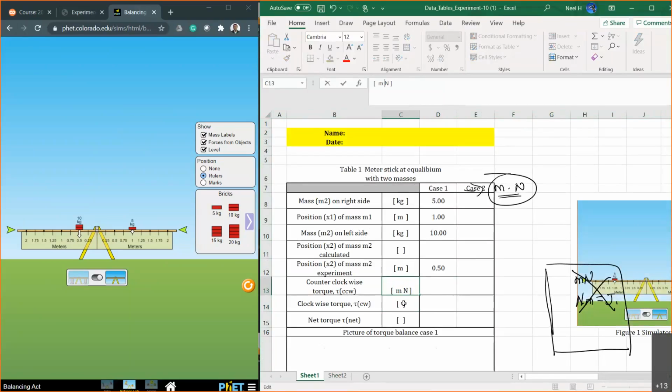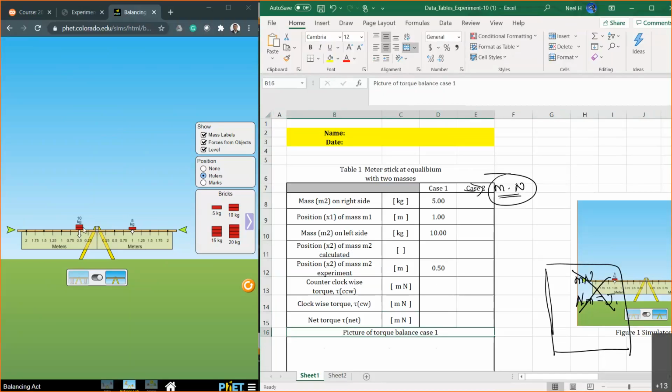I would suggest keeping a space in between. The clockwise torque should also be meter Newton, and the net torque should be the same unit. And let's calculate the counterclockwise torque.